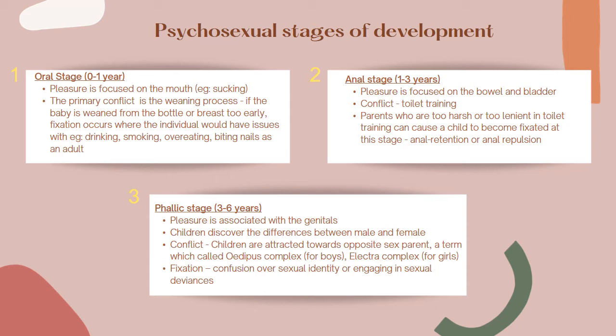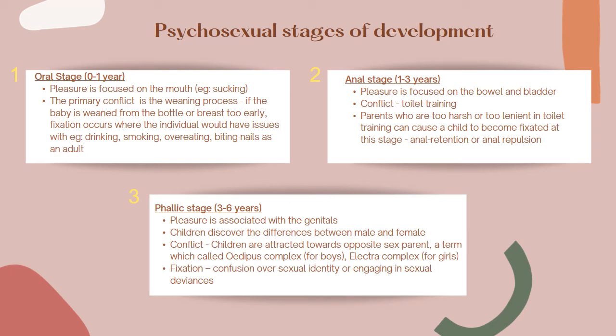Parents who are too harsh or too lenient in the toilet training can cause a child to become fixated at this stage. They would either become anal retentive, which means that they would become overly neat or precise, or anal expulsive, which means that the individual would be disorganized, messy, and destructive.